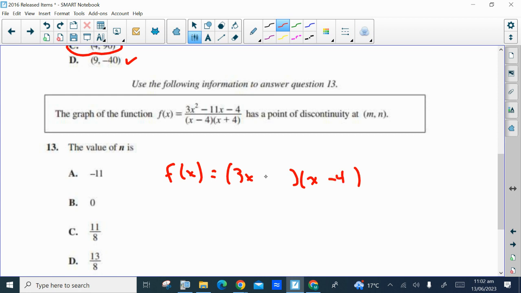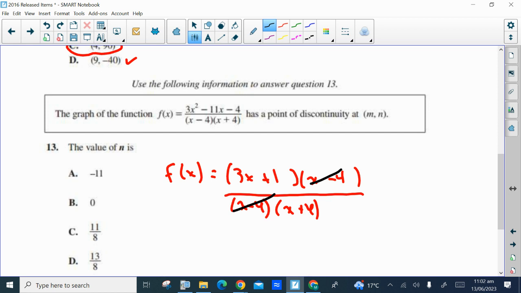And it's going to be x minus 4 because when you write 3x plus 1 and x minus 4, the outer products are negative 12x plus 1x gives you the negative 11x. So the x minus 4's cancel, and you're left with (3x plus 1) over (x plus 4).